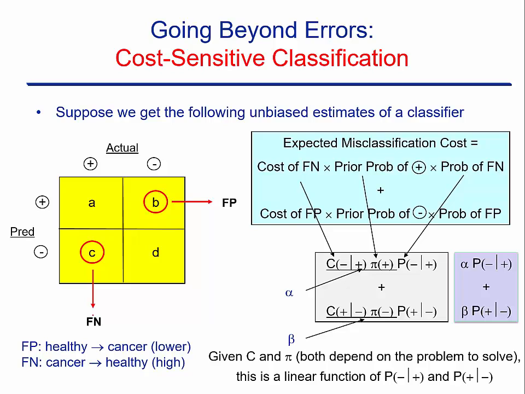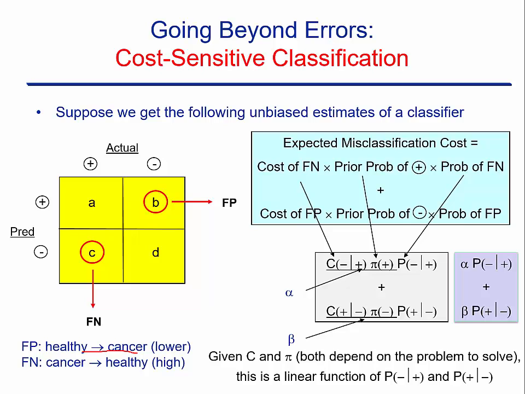Each decision made may have a cost, say in the cancer versus healthy diagnosis by doctors. Healthy persons may be misclassified as having cancer. This is a false positive.